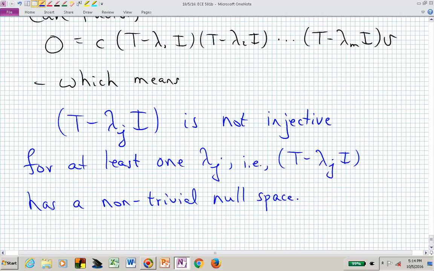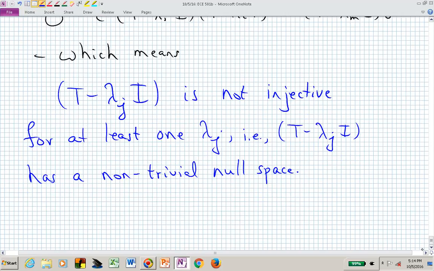But if T minus lambda sub j I has a non-trivial null space, what does that mean about that linear operator? Or think back about how we essentially started chapter 5. What did we need when we were trying to find eigenvectors? We tried to find a vector that was in the null space of something like this. T minus lambda sub j I had a non-trivial null space.